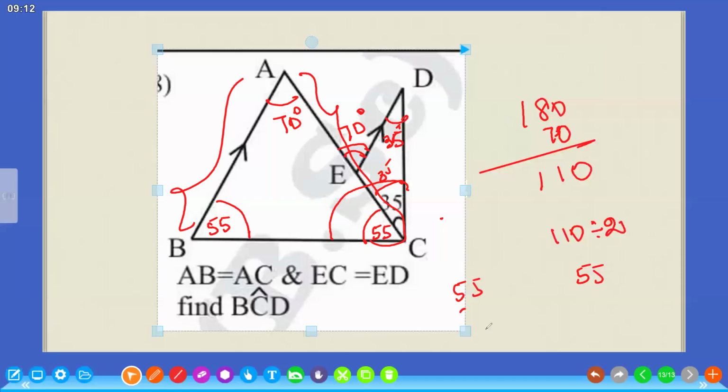So 90 degrees. Next, students, check this answer.